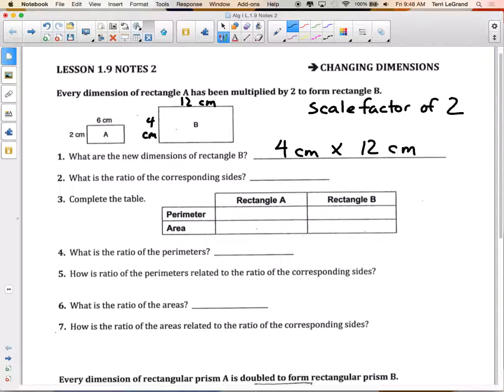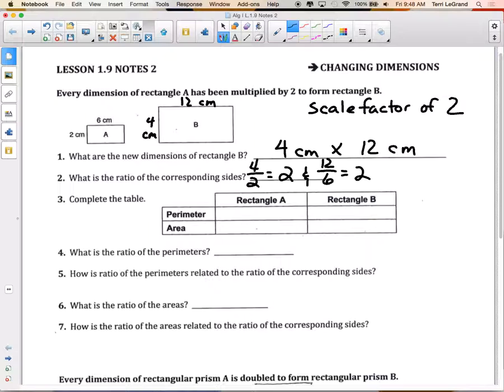So we're going to say ratio of corresponding sides. This one has a height, width, whatever you want to call it, of 4. The other one, its corresponding one, is 2. So what does that equal? 4 over 2? 2. And the length, or we could say the base, 12, the new, over the original, 6, and 12 over 6 is 2.